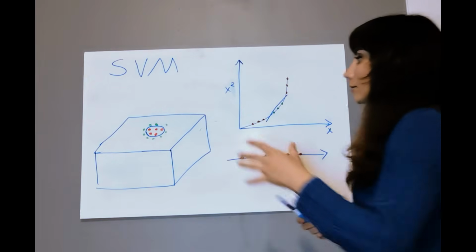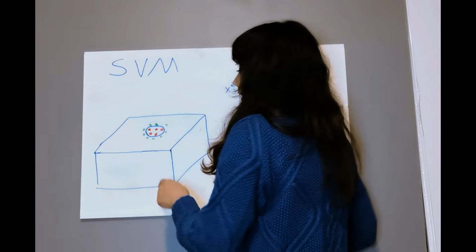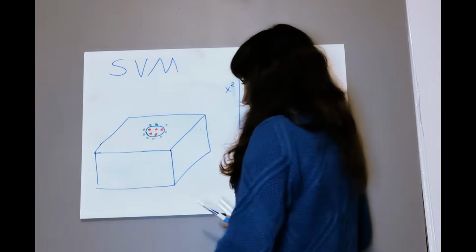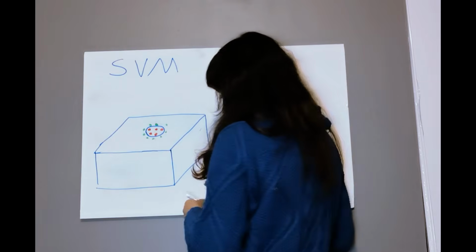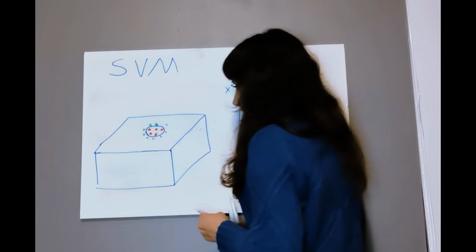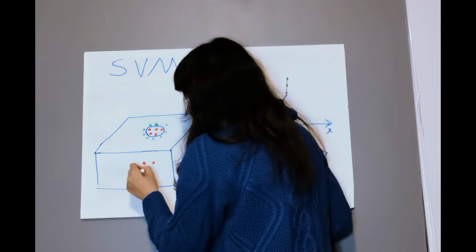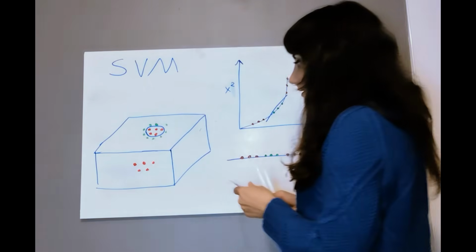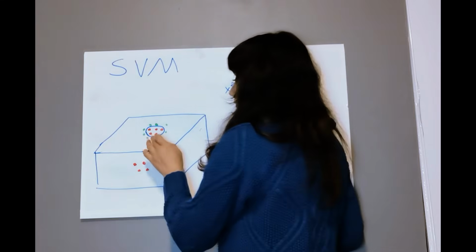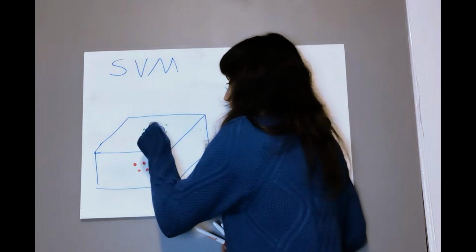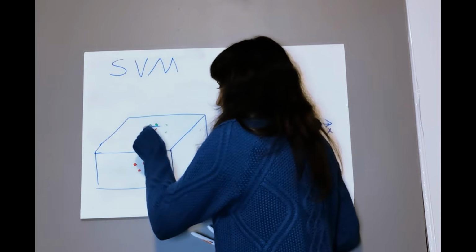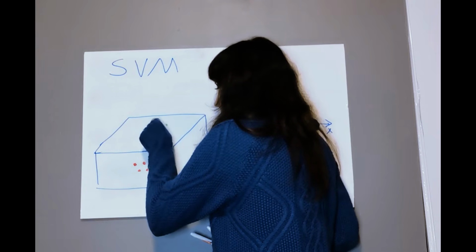Okay, so now when I look at it from there, these red points are not here anymore, but these red points are here. And then those green dots are above there. So let me just remove these.